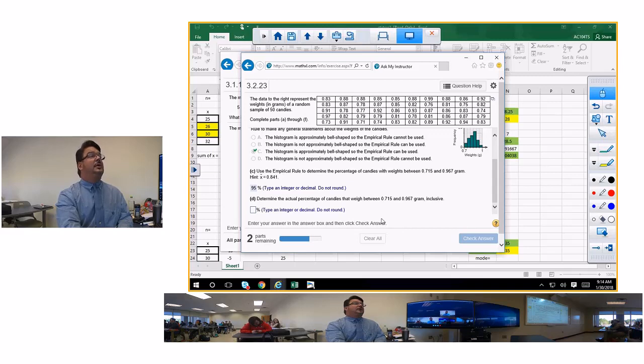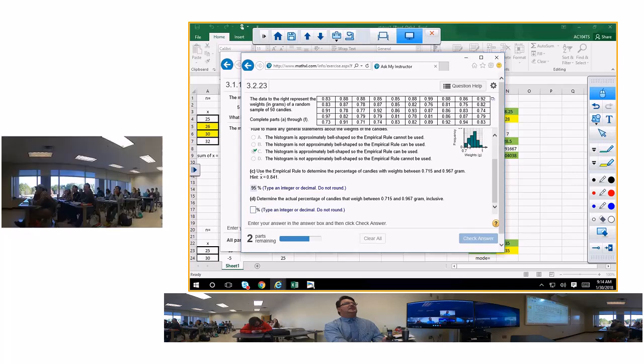Determine the actual percentage of candies that weigh between 0.72 and 0.97. Okay, I'm going to let y'all do this. This is redundant. Didn't they just ask that? They want actual, not the empirical rule.